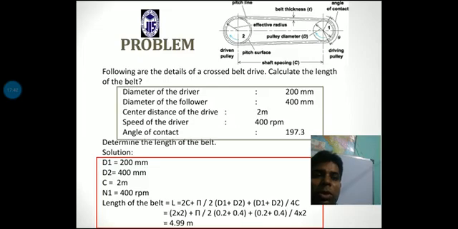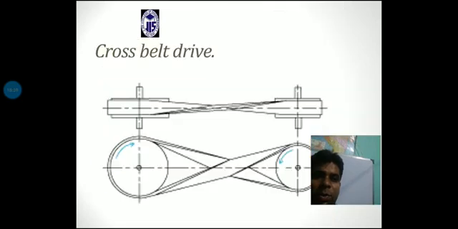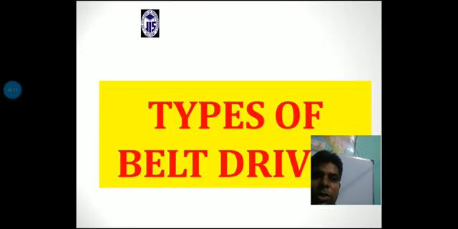So all the parameters are given, and we conclude that the driver pulley is D1 and the driven pulley or follower is D2. C is counted as the center distance, and if I put in all the values, we can easily get the result.